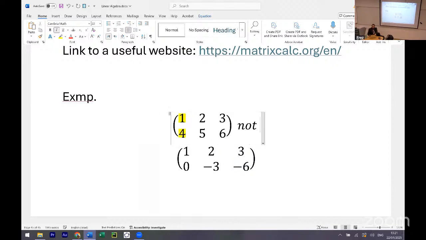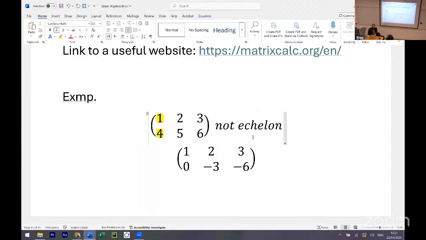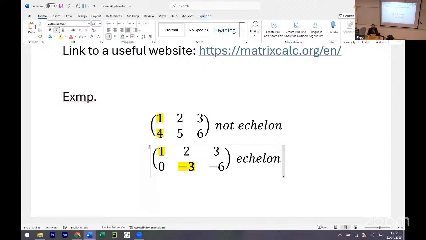The first matrix is not echelon. What about the second matrix? The pivot on the first line is 1. What is the pivot on the second line? It's the minus 3. The pivot is not actually the number, it's the place of the number, right? It's where minus 3 is written. And is this in echelon form? This is indeed in echelon form. Okay?